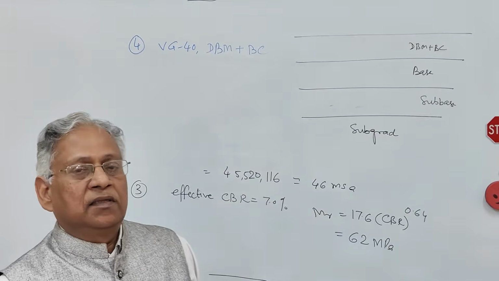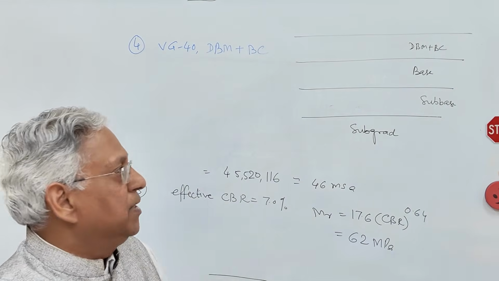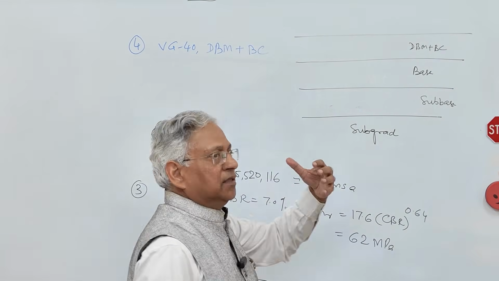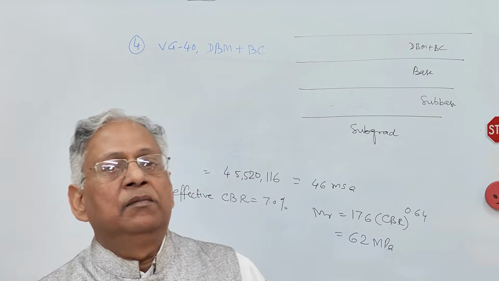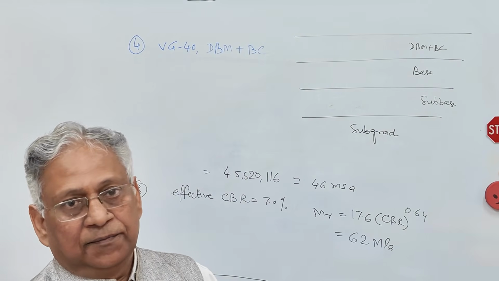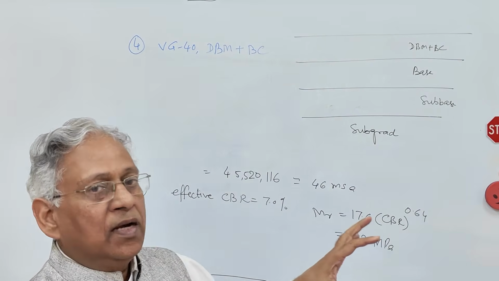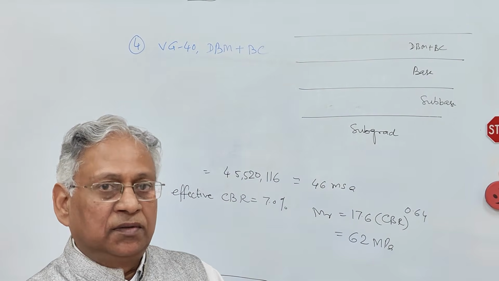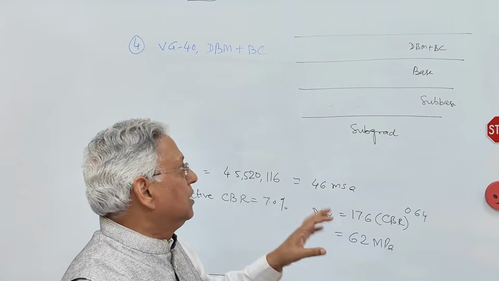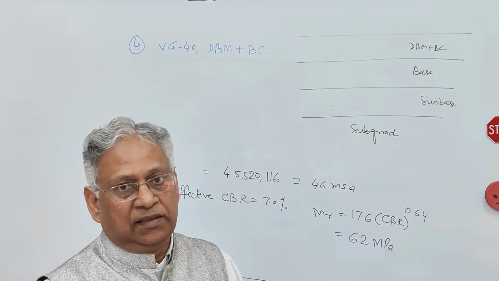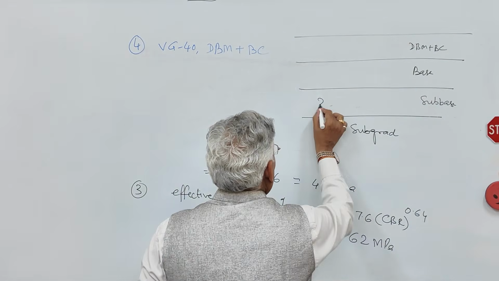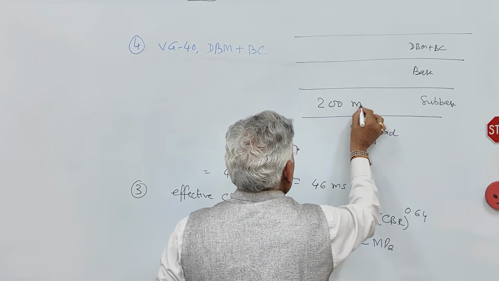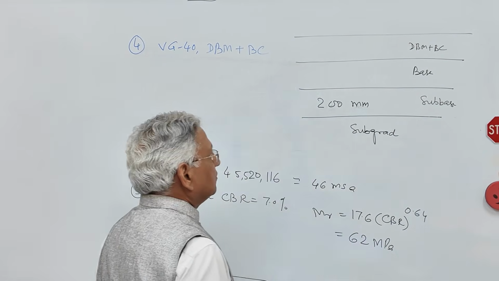Now as per IRC 37, subbase should be provided with 100 millimeter thickness for the drainage layer and 100 millimeter thickness for the filter layer. If a single layer is provided which will serve as both drainage layer and filter layer, then a minimum thickness of 150 millimeter is recommended. Now let us take 200 millimeter of subbase here, which will be granular subbase.